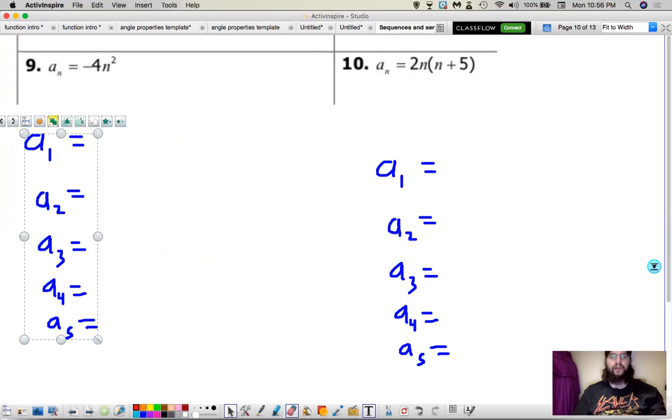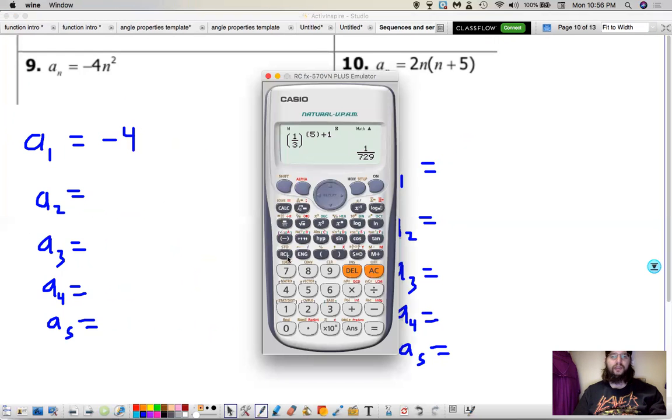All right, so this is what we need. Let's figure it out. If I plug in 1 in here, that's negative 4 times 1 squared, negative 4. If I plug in 2, negative 16.